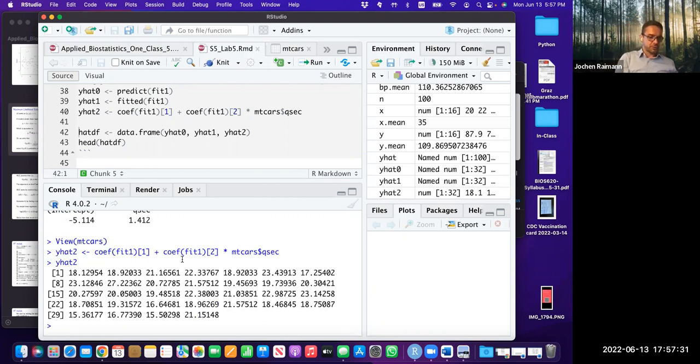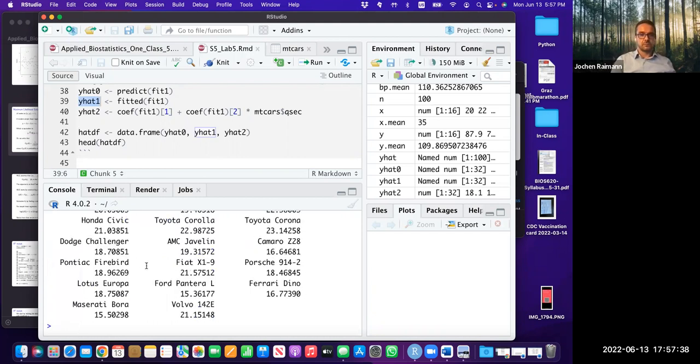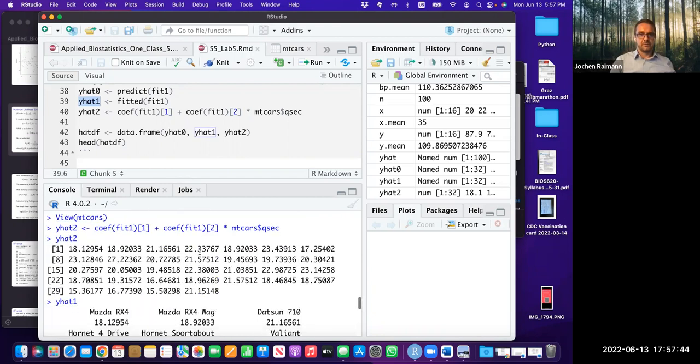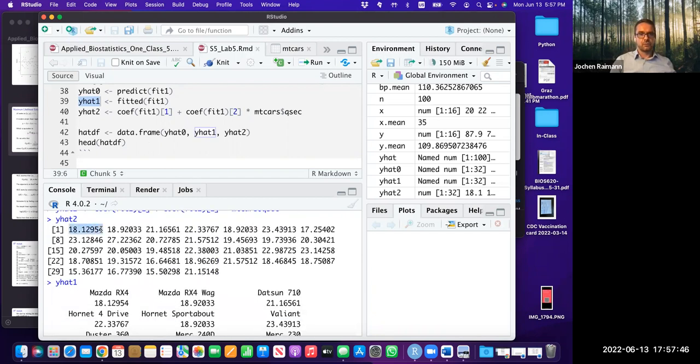And this is the number of predicted values, which is notably consistent with y hat 1. Right? So this is if it's fitted. So here we have 18.12954, which is consistent with Mazda RX-4, and 18.92, which is consistent with a Mazda RX-4 wagon. I don't know, as I said, I'm not a car guy, but yes. So this is basically how you calculate it.